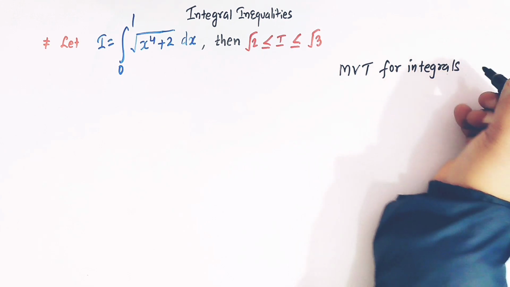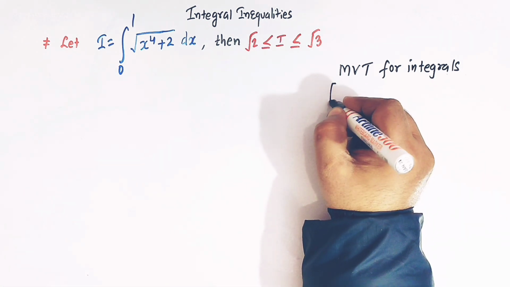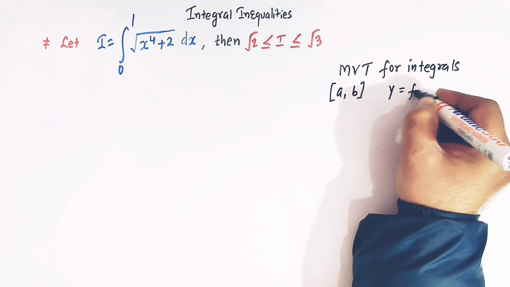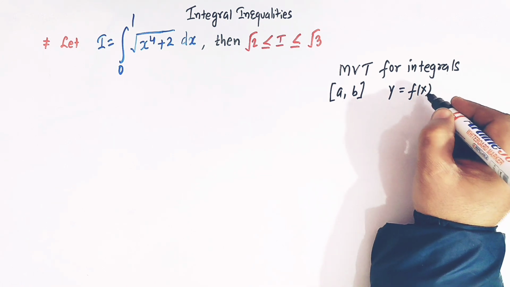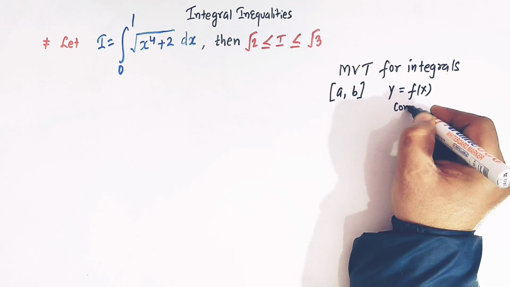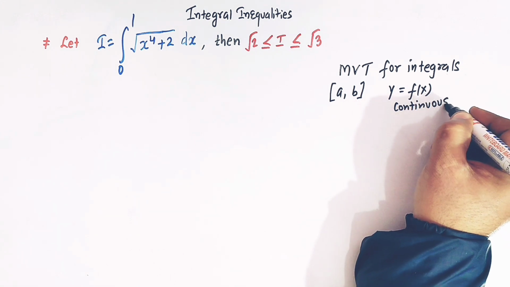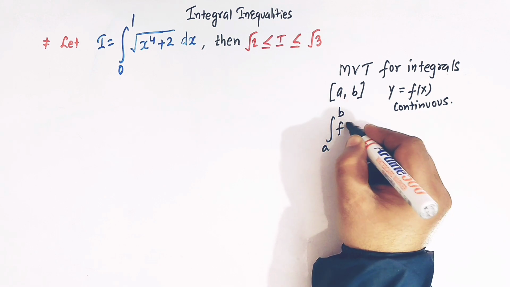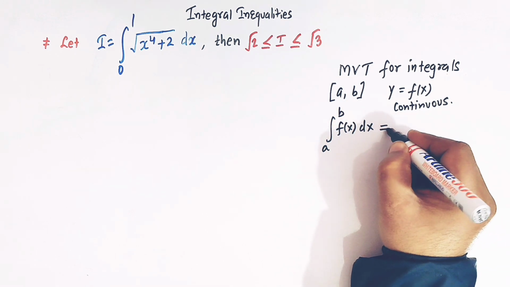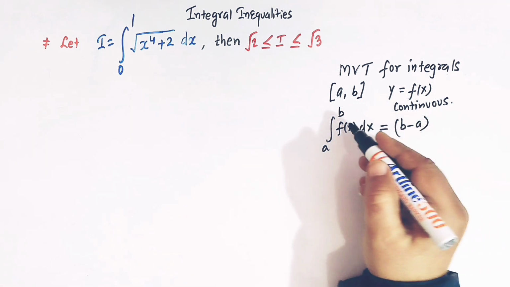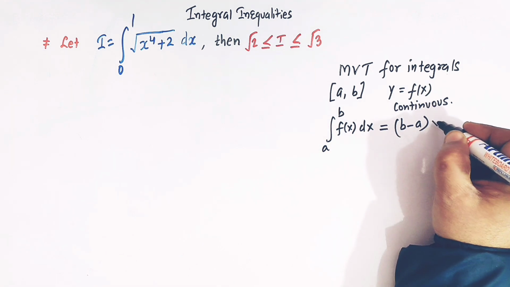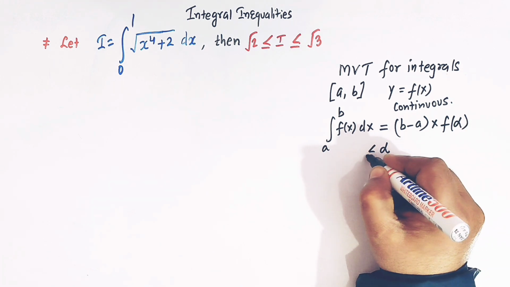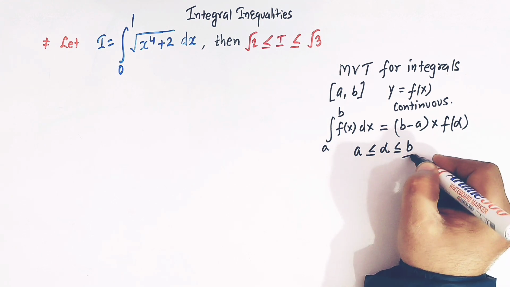So the mean value theorem for integrals says that if we have a closed interval, say [a, b], and we are having a function, say y is equal to f of x, and this function is defined on this interval, and it is also continuous, then the integral from a to b of f of x dx is equal to (b minus a), that is the difference of upper limit and lower limit, multiplied by f of alpha, where alpha is some number which lies between a and b, right?